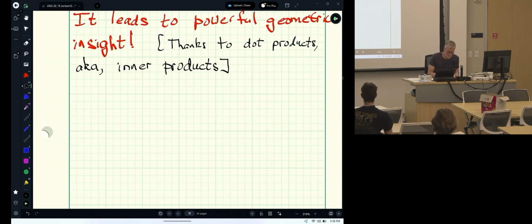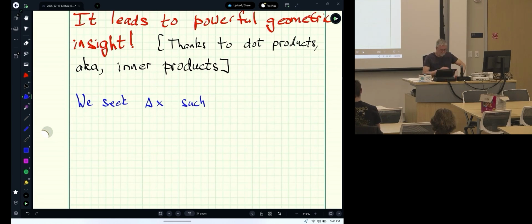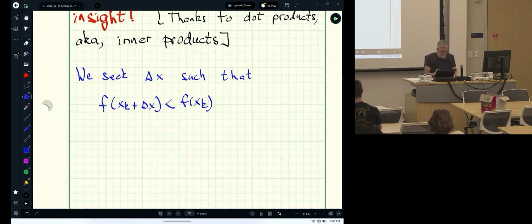You with me so far? Okay, so we seek delta x such that f of xk plus delta x is less than f of xk, where xk is our current iterate.